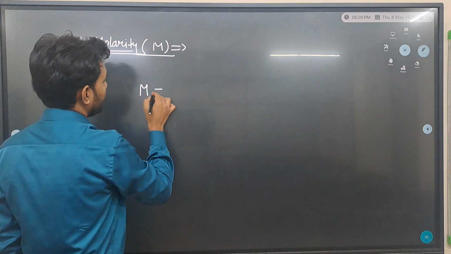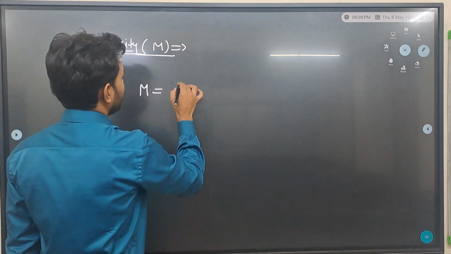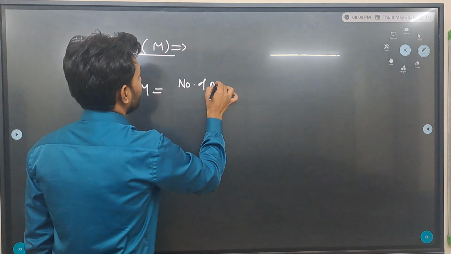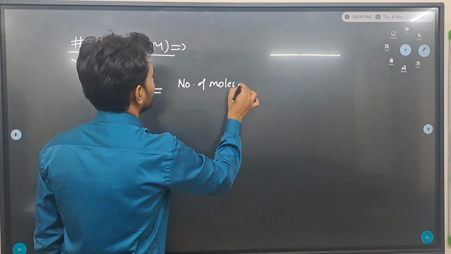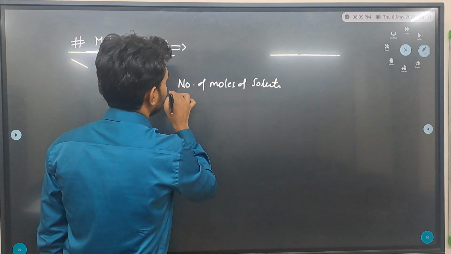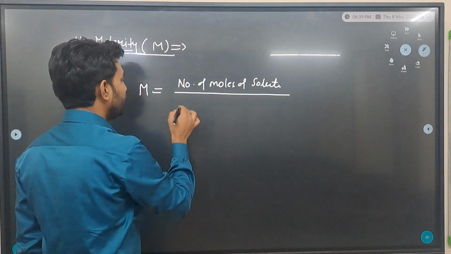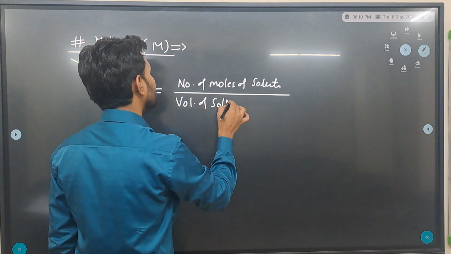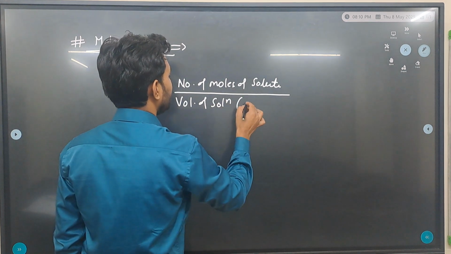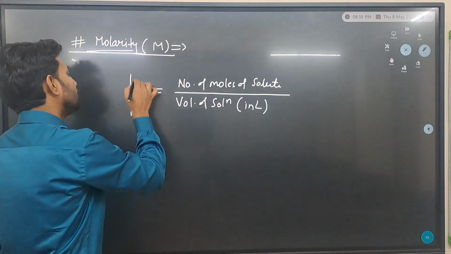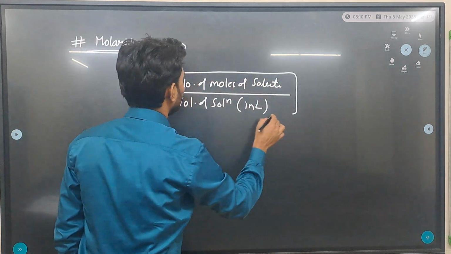Molarity is the number of moles of solute divided by volume of solution in liter. Okay, this is called molarity.